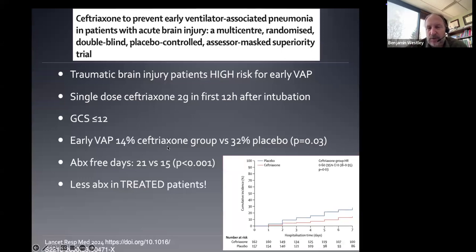Most of our facilities get worried if the ventilator pneumonia rate is 10 or 12%, and we really want it to be 0 or 1 or 2%. So whether this benefit would be the same at a place with lower ventilator pneumonia rates is not entirely clear. A lot of this was actually European data, and in Europe, there's always been higher rates of ventilator pneumonia, but it's still an intriguing study.